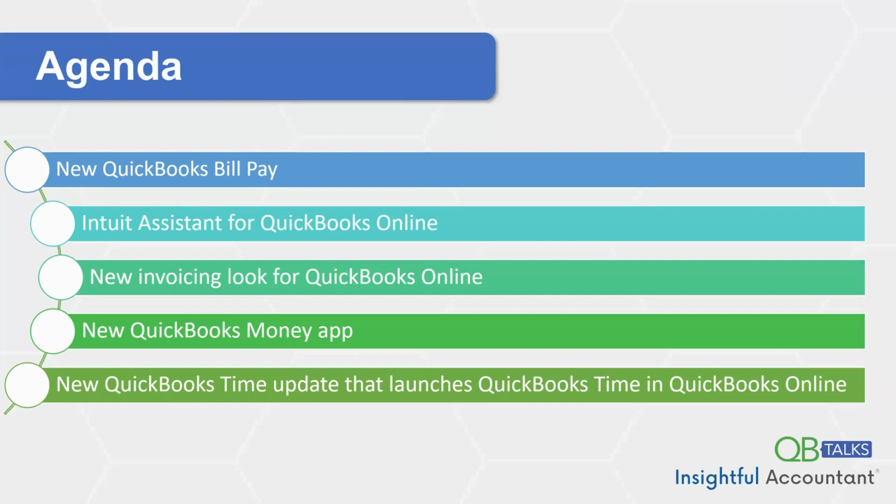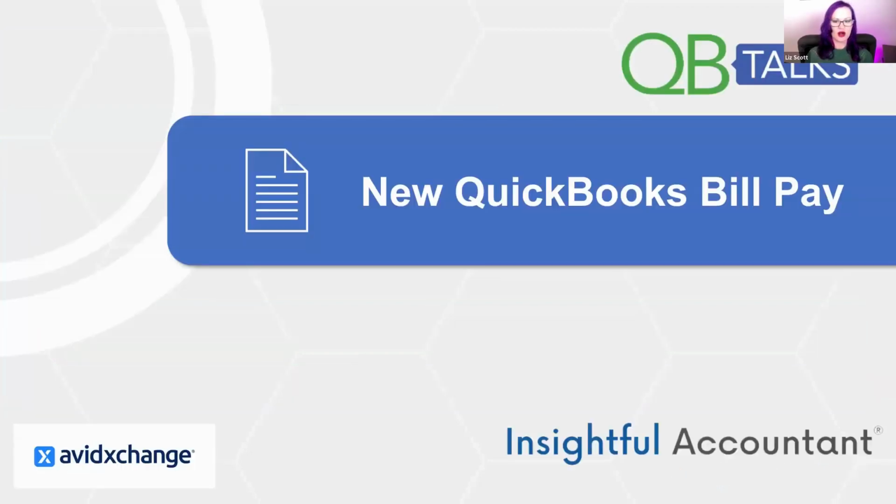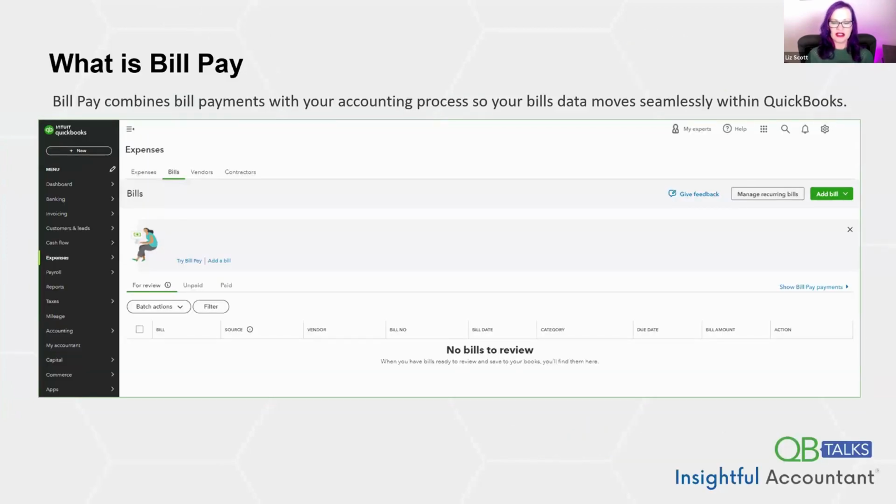All right, so I'm going to move on into our brand new bill pay. I'm going to start here in some slides and take you through some of these basics because I want you to be familiar with some of these screens. While inside of QuickBooks Online, we know that over in our expense center is where our bills exist.